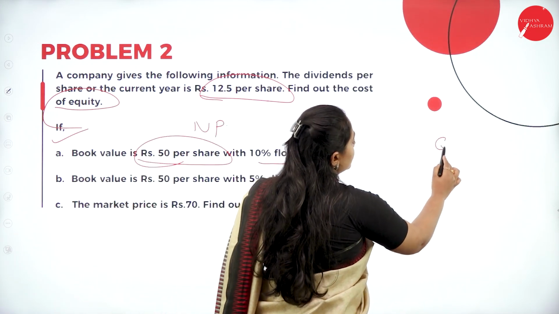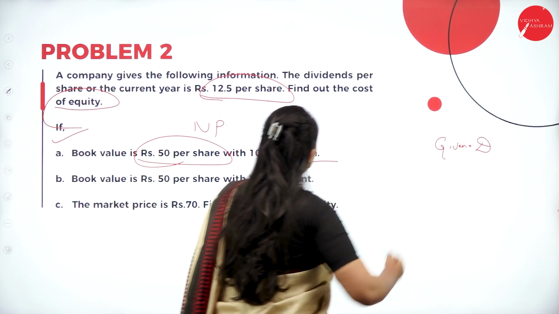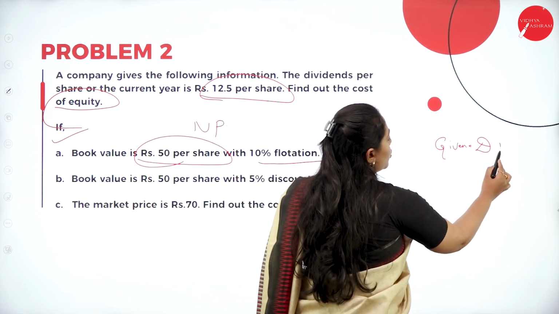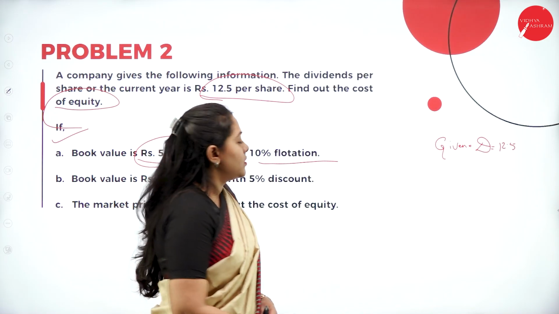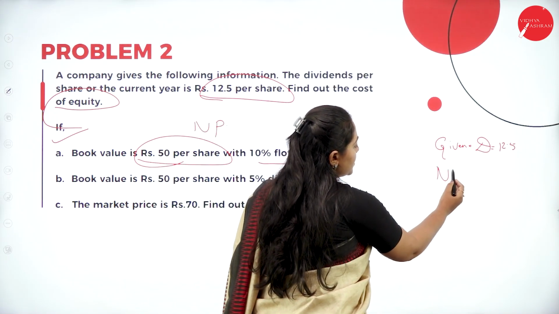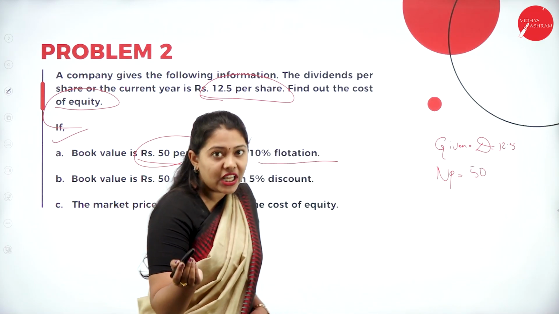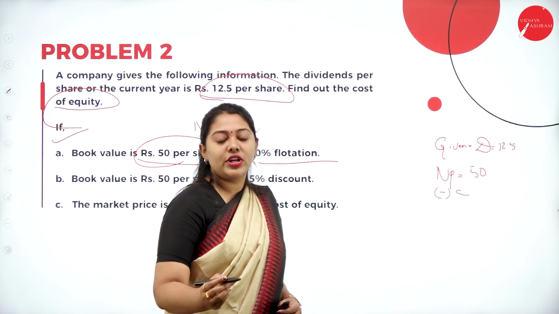So let us write down the given first. What is the dividend in the question? 12.5 per share. And what is net proceeds? Net proceeds is 50 rupees. You have flotation cost. Deduct the flotation cost.